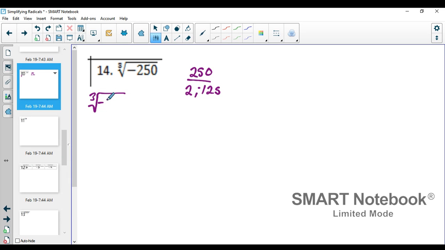So we have negative 125 times the cube root of 2. And we did this problem earlier in the notes. The cube root of negative 125 is negative 5. And then this doesn't change. So we have negative 5 cube root of 2. And that's our final answer for number 14.